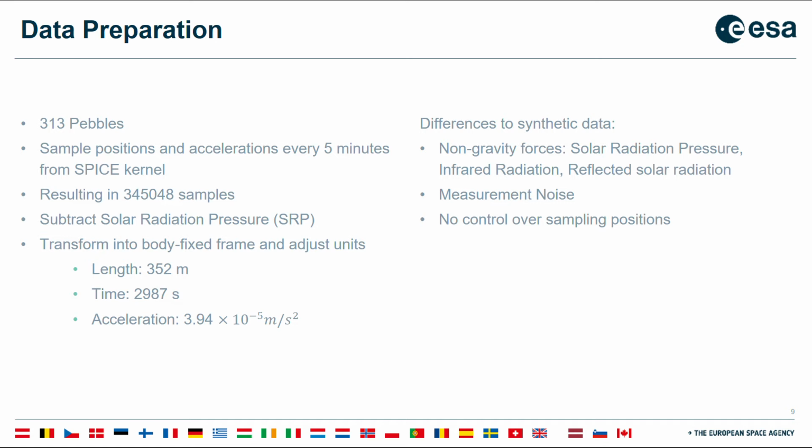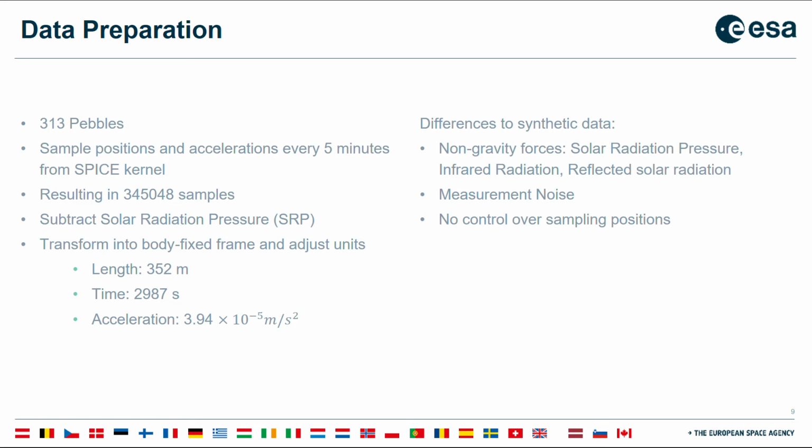From those that were recovered and are in the Spice kernel released by GeodesyNETs and the Osiris-Rex mission, we sample the positions and accelerations every 5 minutes. We sample the accelerations by numerical differencing from the velocity values. And then we obtain about 350,000 samples.